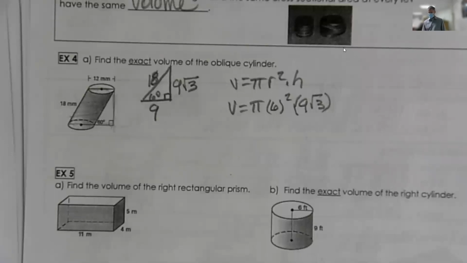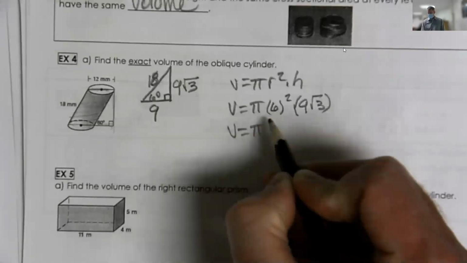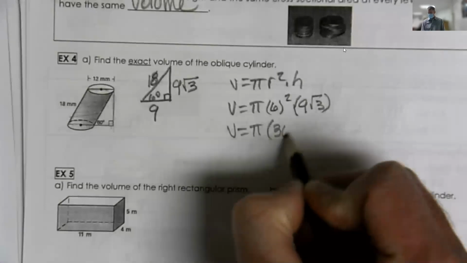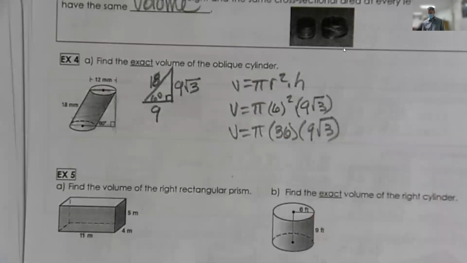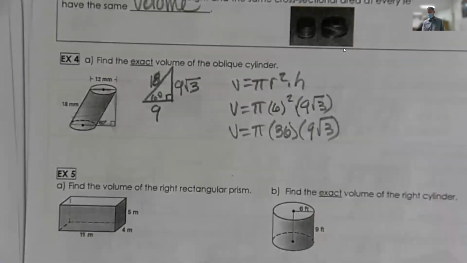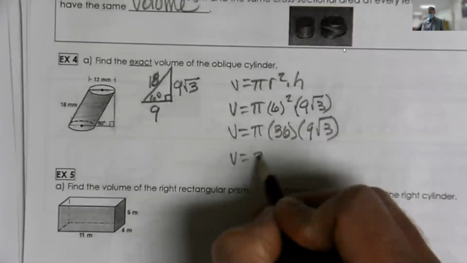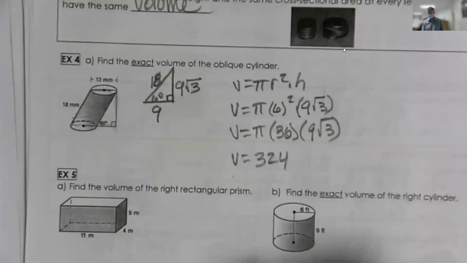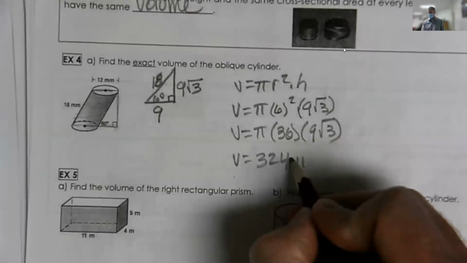So we can calculate out the rest here. The volume equals pi. 6 times 6 is 36, 9√3. If we multiply 36 times 9, that's going to come out to be 324. Then we would have the pi symbol.